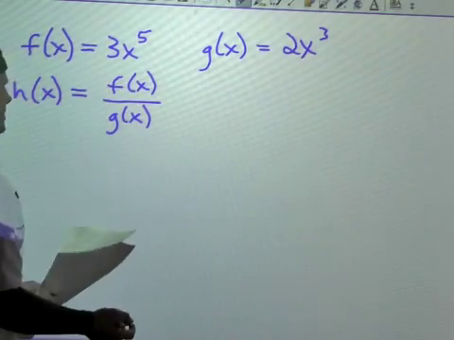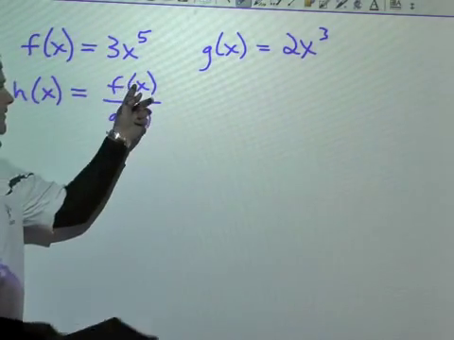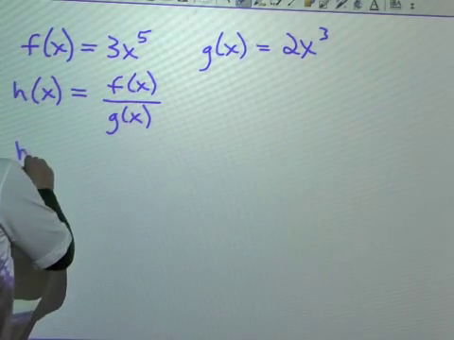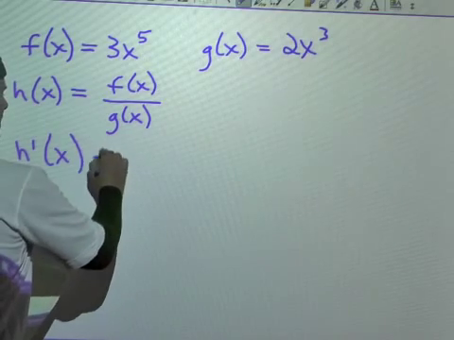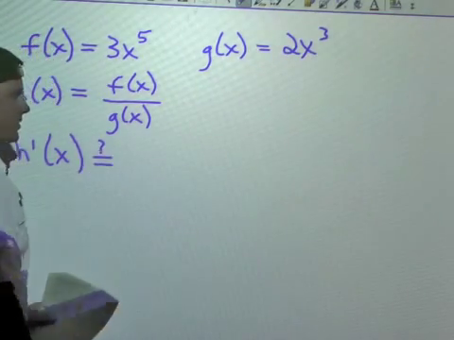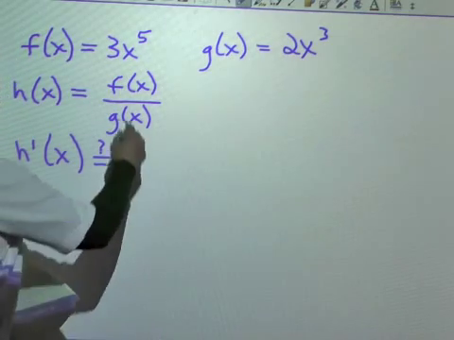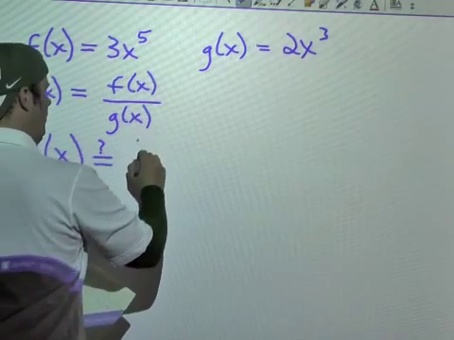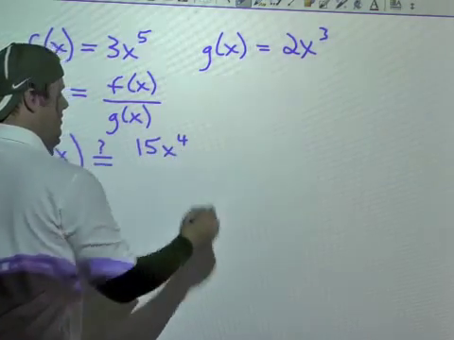Well, one person might say, well, all you have to do is take the derivative of f and the derivative of g and divide them. Well, let's try that. Let's see if that works. Now this is just a guess, so I'm putting a question mark above the equals because I'm not sure this works. We have to test it. So the derivative of f would be 15x to the fourth using the power rule.